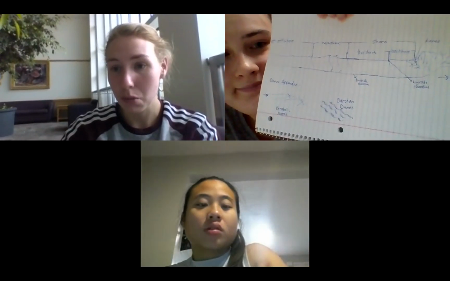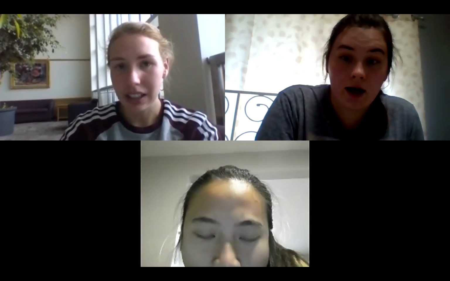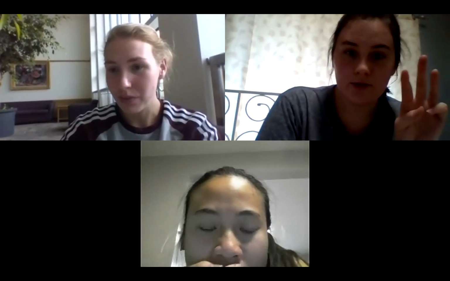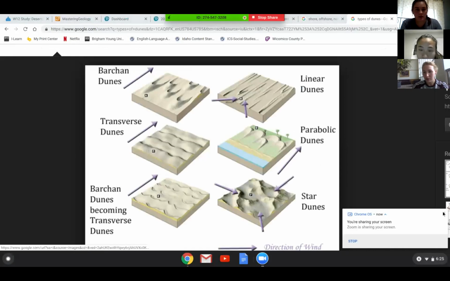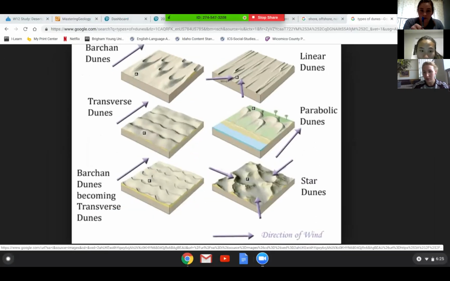This week's thing was literally so easy. We just had to draw a coast shore and label it. So we only have like 2 more things left to label, and then I have to draw the other dune. But we agreed on the 3 dunes we'd probably find here with the direction of the wind: the Barkin dunes, the parabolic, obviously because it's on a beach, and the transverse dunes.